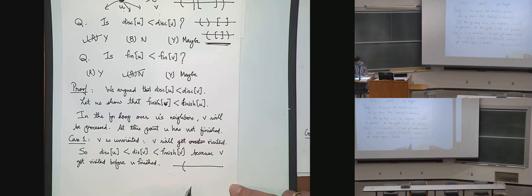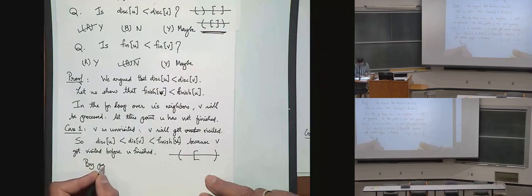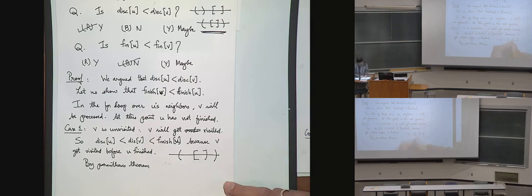This is the discovery of U. This is the finish of U. And the discovery must have happened somewhere in between. And so by parentheses theorem, you have this.